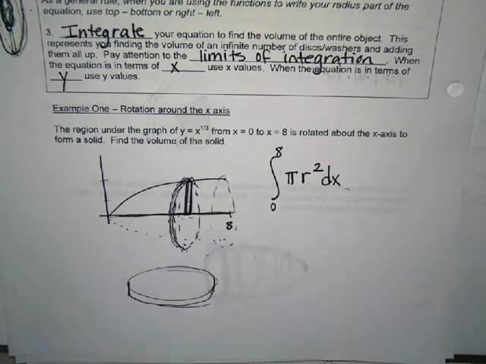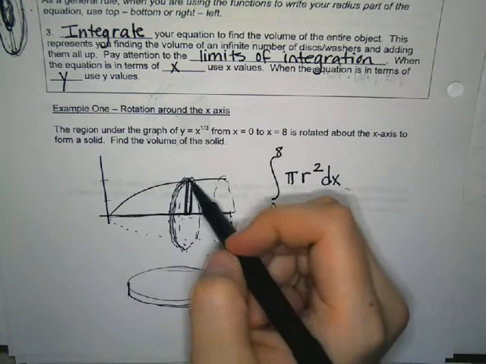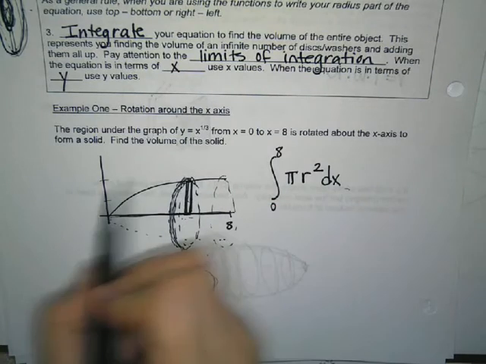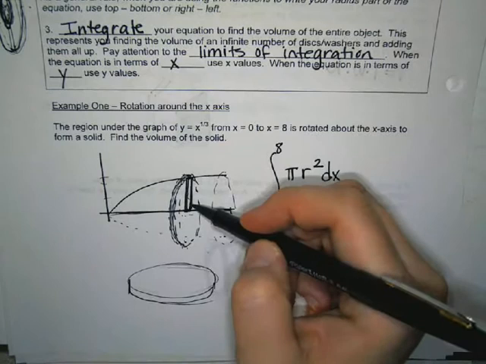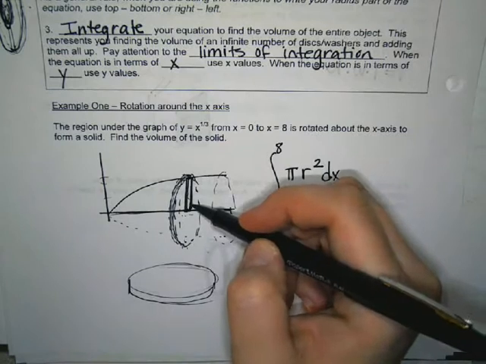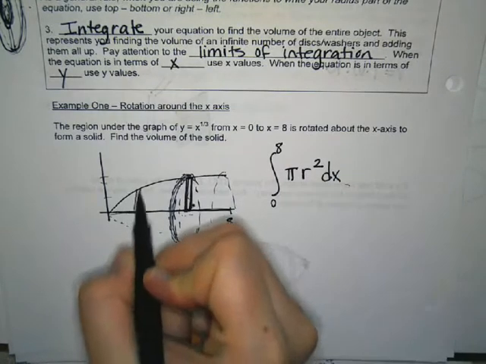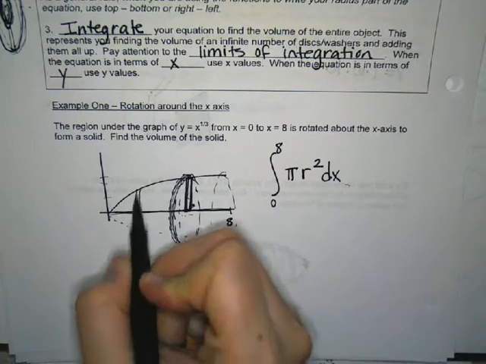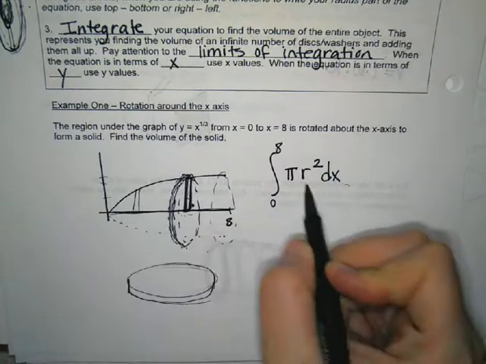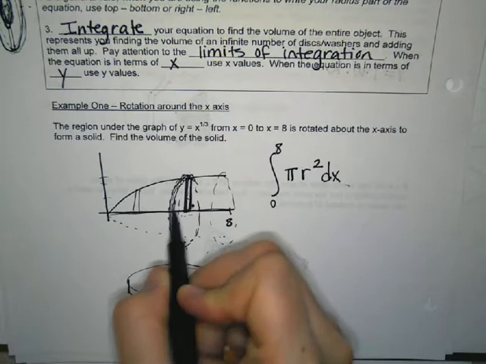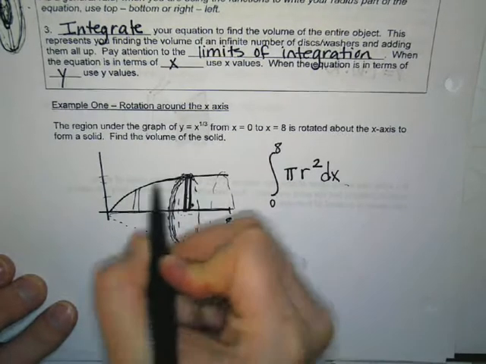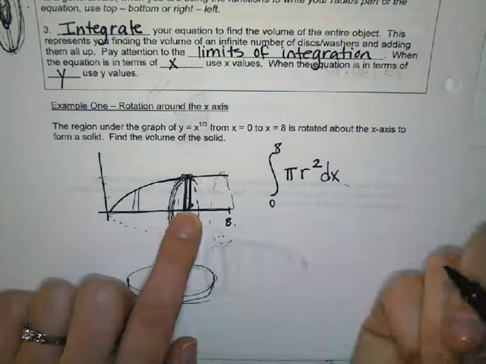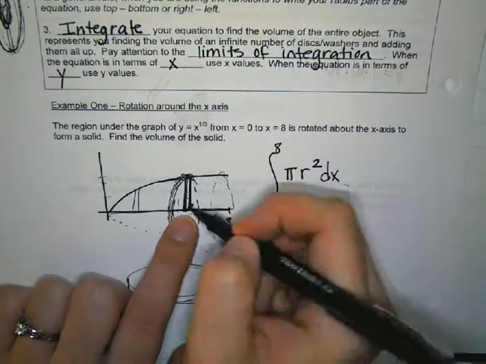Like if I knew what that value was, let's say that value is 1.8, then I know my radius would be 1.8. But I know over here, it's going to be like 1.2, maybe. So I can't write in 1.8 as my radius. I have to write it in as the function, because the function is what varies and changes the radius as you go along this figure.